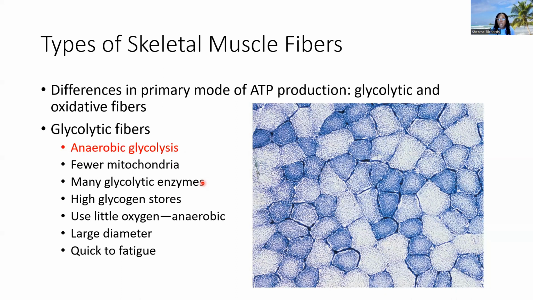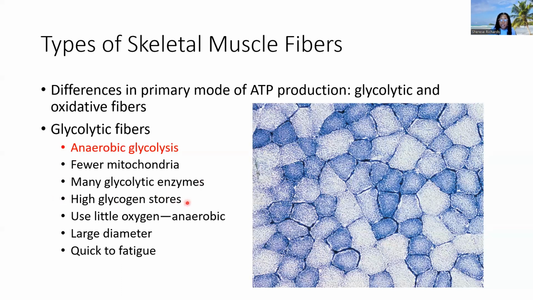If you remember us talking about cellular respiration back in chapter 3, we talked about glycolysis as being the series of enzymatic reactions that resulted in going from glucose to pyruvate. So all of those enzymes that are needed to carry out those reactions, we're going to need lots of them in order to generate ATP if our main source is anaerobic glycolysis.